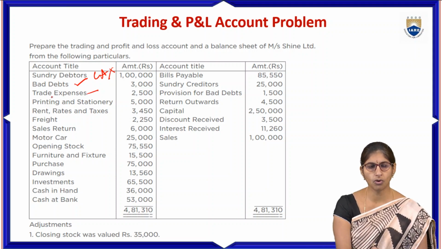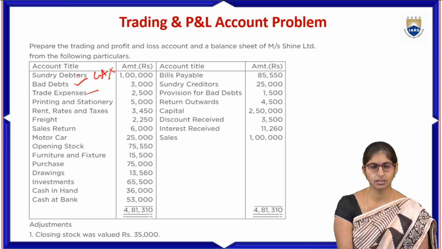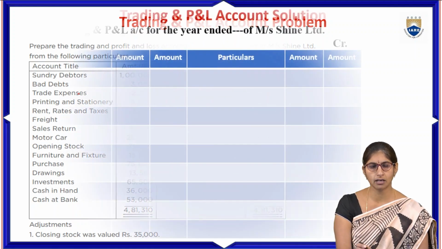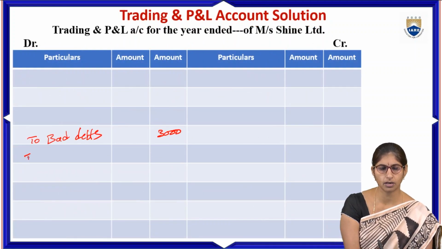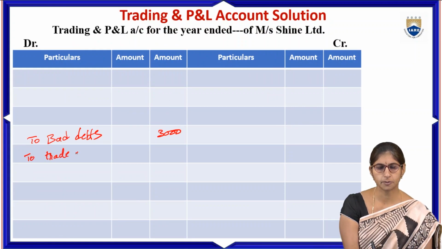If there is no general expenses in the question or in the problem, then we can record this trade expenses in profit and loss account. So we are going to write it in to trade expenses, 2,500.